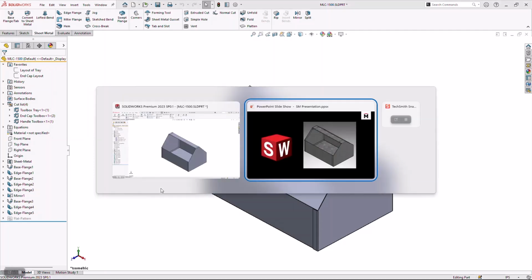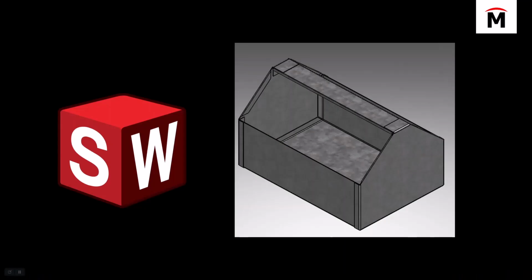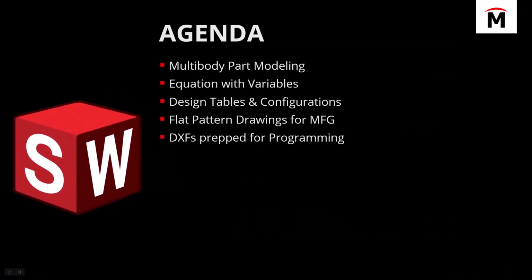So to wrap this up, what have we looked at today? We looked at leveraging multi-body part modeling to build intelligence into parts that should interact with each other. We added what we call global variables, and we created equations so that we could have intelligence built into our tray body and also our end cap.